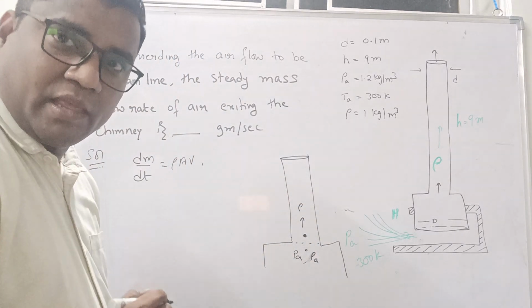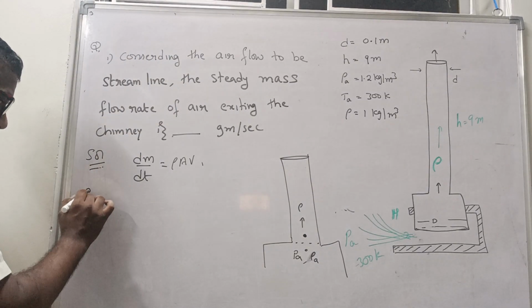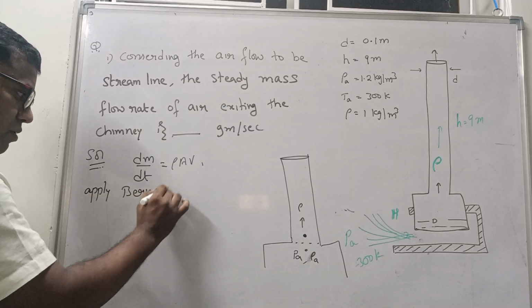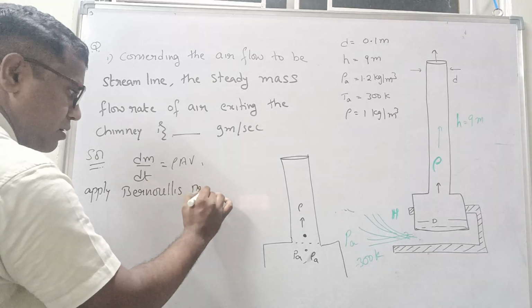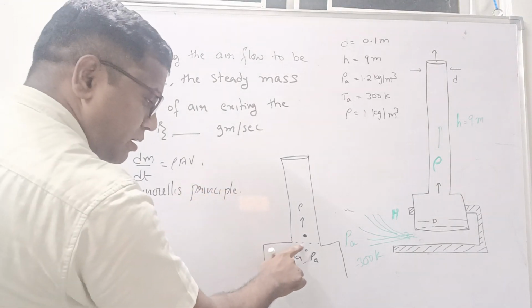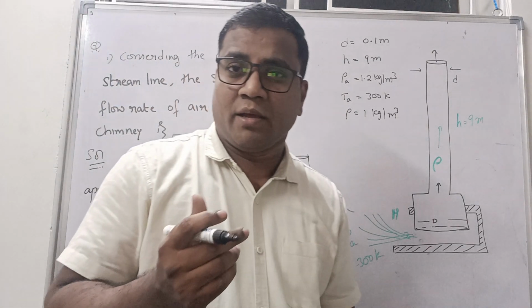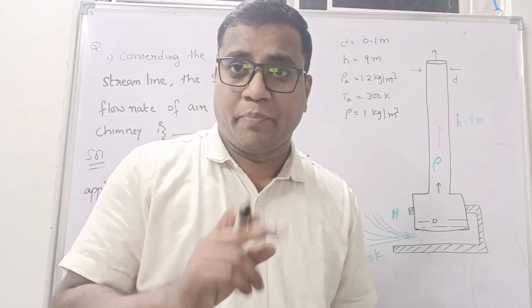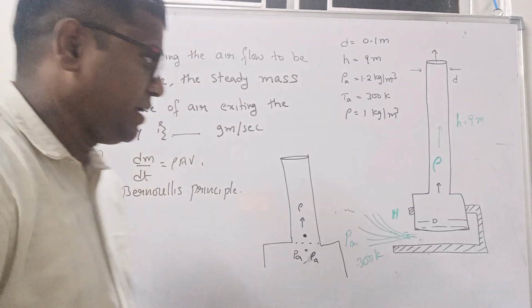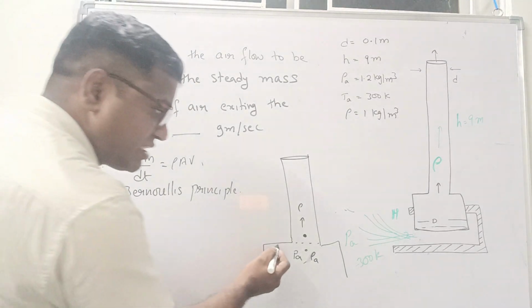Now try to understand, apply Bernoulli's principle or equation. According to Bernoulli's equation, P plus half rho V square plus rho GH is equal to constant. I am considering this as the reference line.